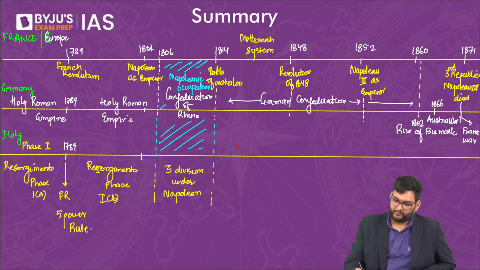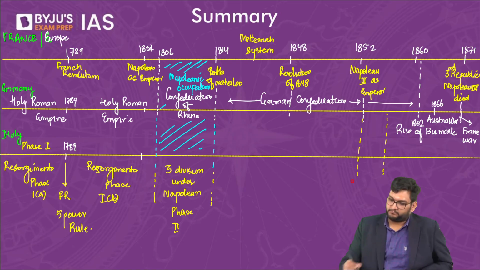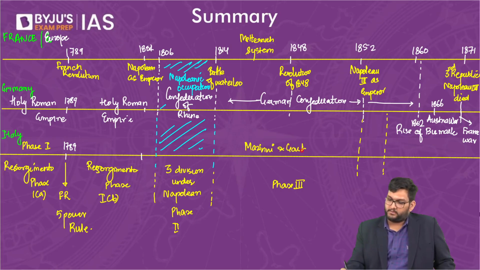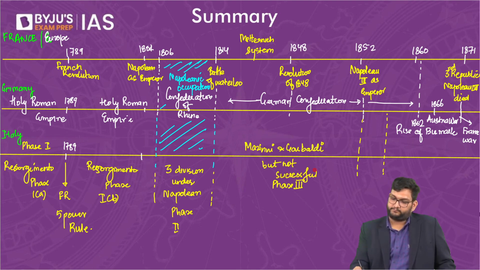Thereafter, this is phase 2. Then this is phase 3, Mazzini and Garibaldi, but not successful.